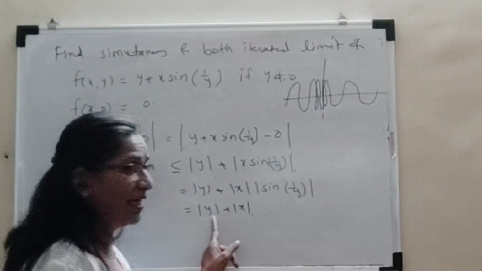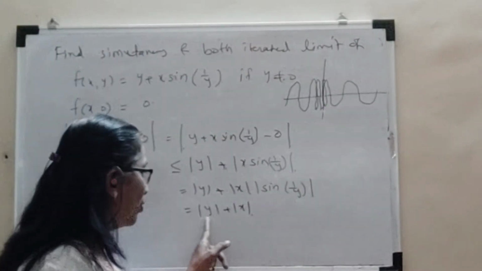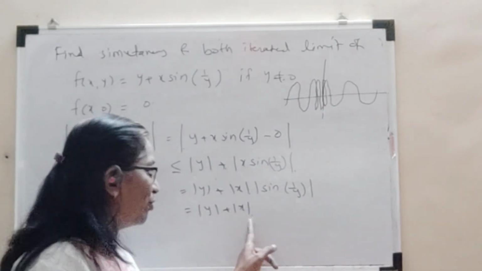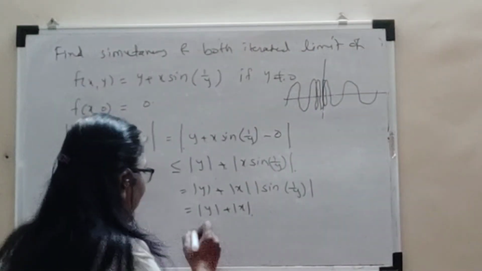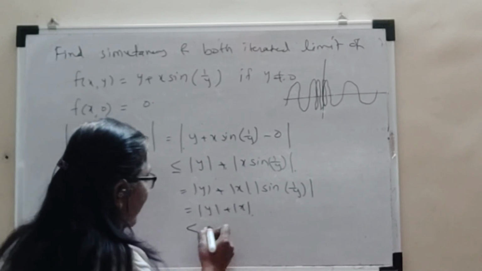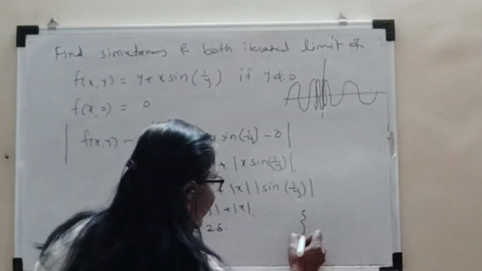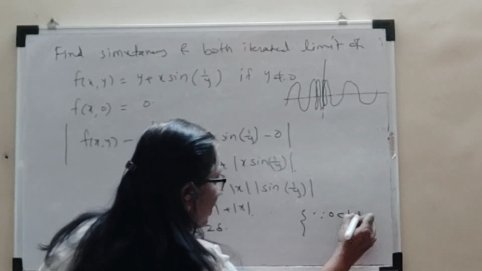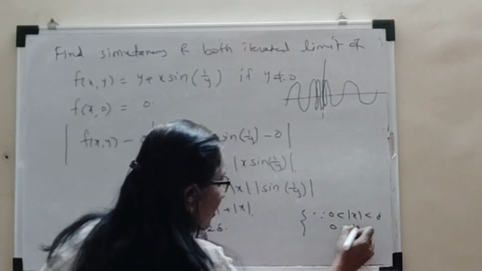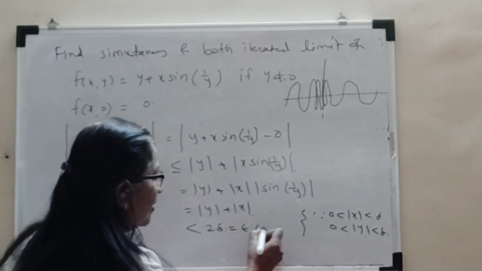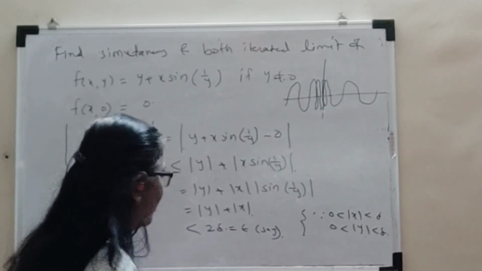Now, by the square neighborhood definition, we know that mod y is less than delta at the origin, and mod x is less than delta. So I write it as less than delta plus delta, which is 2 delta, since 0 is less than mod x is less than delta, and 0 is less than mod y is less than delta, and it is equal to, say, epsilon.